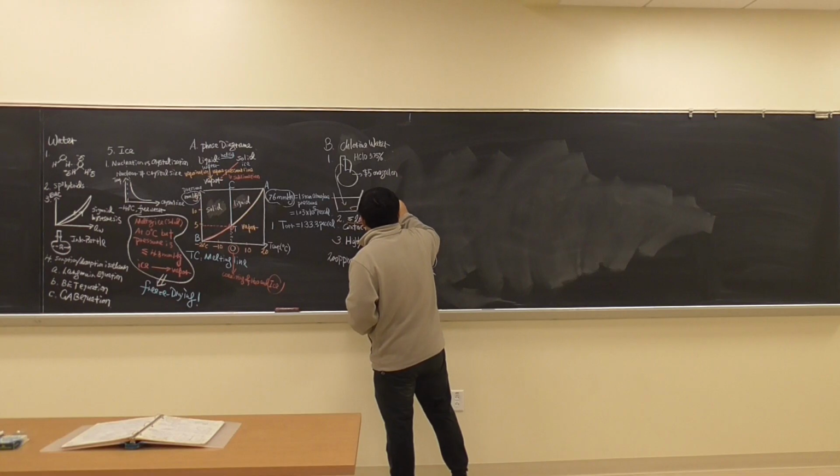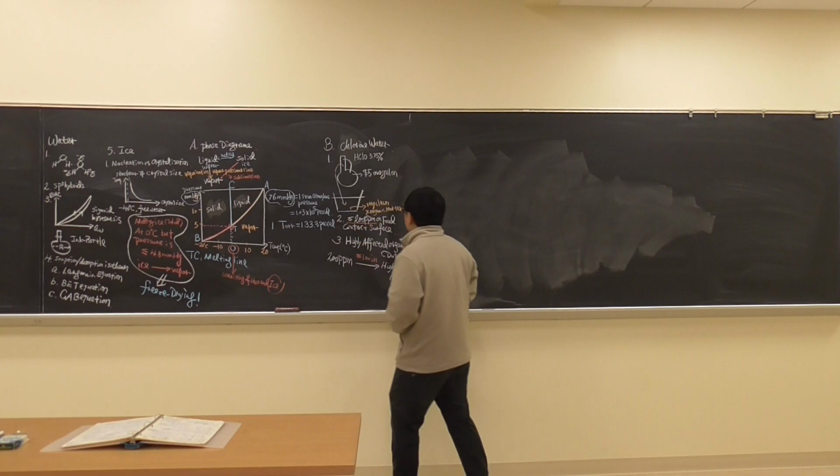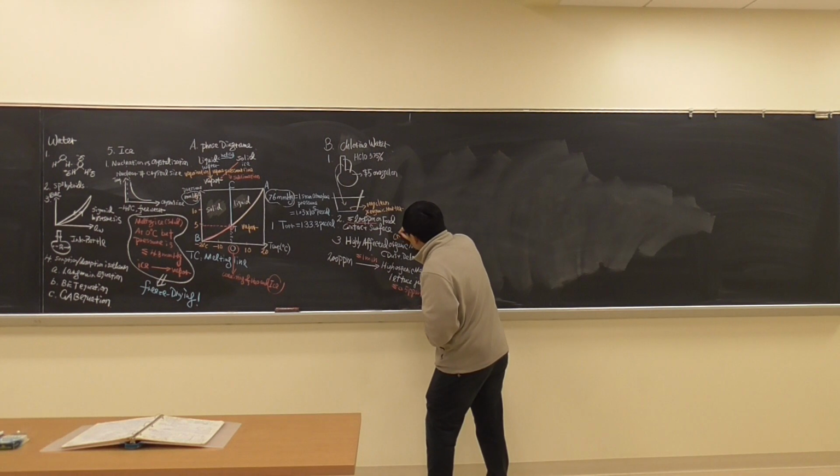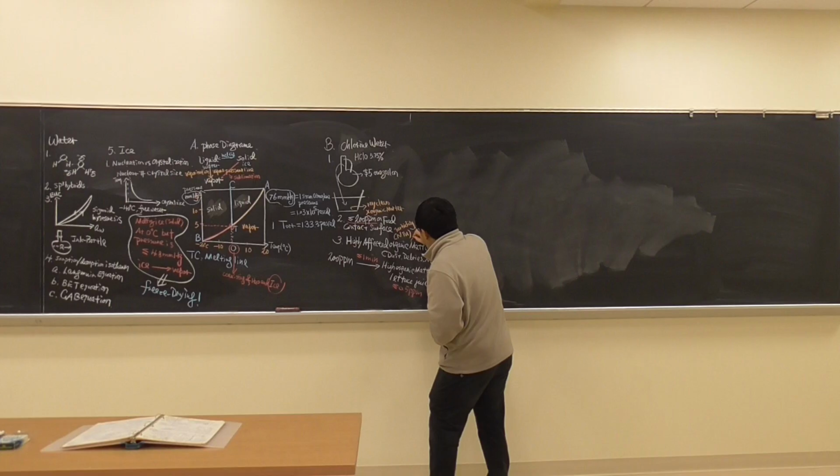Now, how do we measure organic matter? There are 2 ways. One way is very easy, measuring NTU, which means turbidity. The second way is measuring chemical oxygen demand.